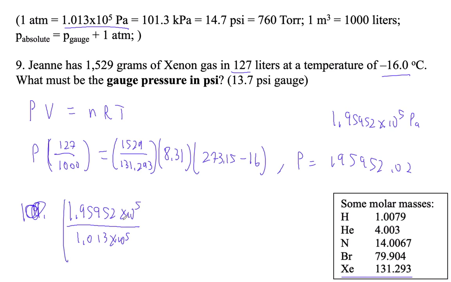So this gives me atmospheres, and then I'm going to multiply by 14.7. So this will give me the absolute pressure in PSI. That's 1.93 atmospheres times 14.7, which is 28.435 PSI.